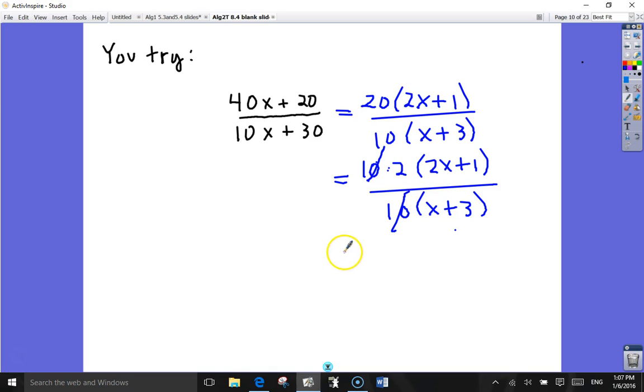So this is 2 times 2x plus 1 divided by x plus 3. And what is the domain? X does not equal -3. That seems to be our domain like half the time.